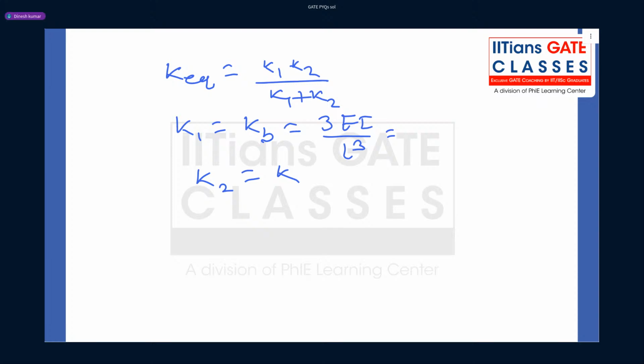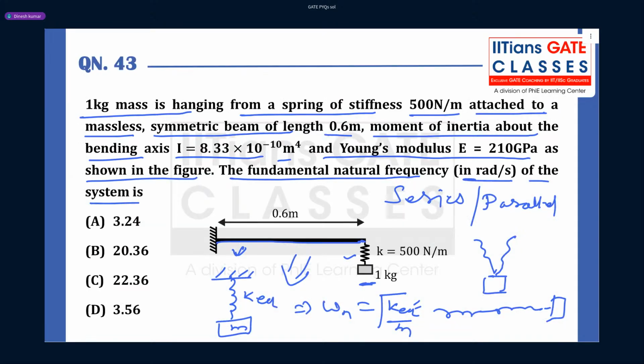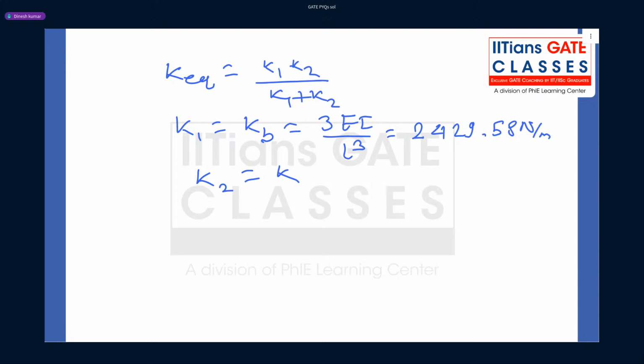It should come around 2429.58 Newton per meter. Guys, check out. Is it correct or not? Now, K2 is given as 500 Newton per meter.